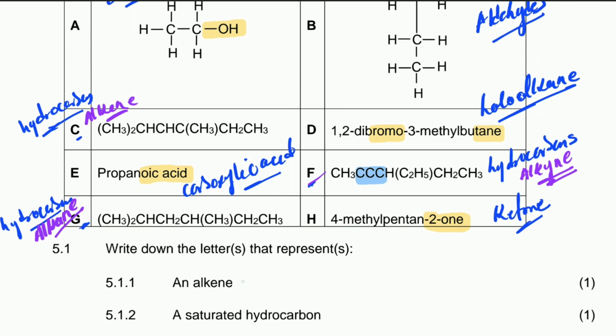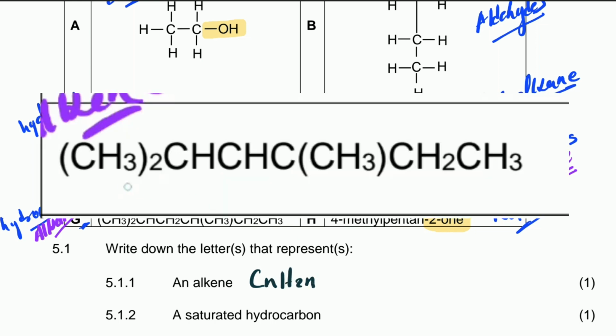Now for this one, we're going to use the general formula. We already identified it, but let's make sure. The general formula is CnH2n. So if we count here, we have 2 carbons at the beginning, because you can see the 2 right there. We have here 2 carbons, 3, 4, 5, 6, 7, and 8 carbons. So we have C8.